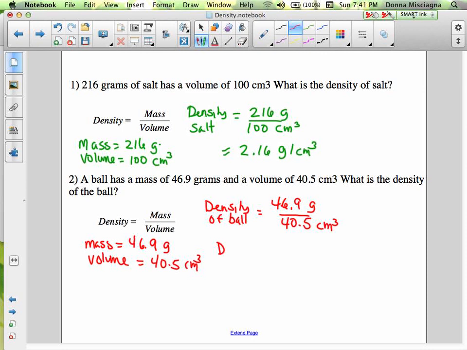So the density of the ball, actually I'll just put equals. And I will use a calculator now. 46.9 divided by 40.5.